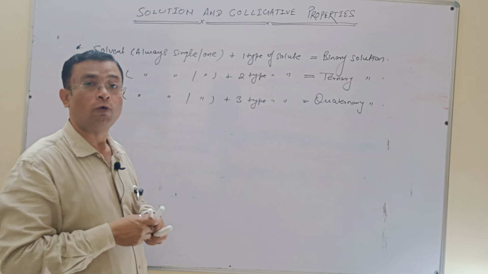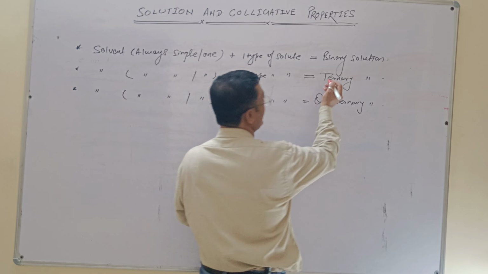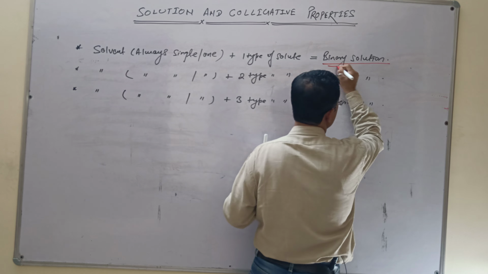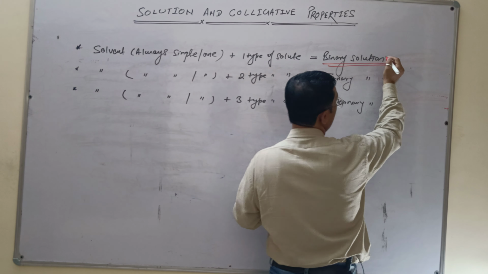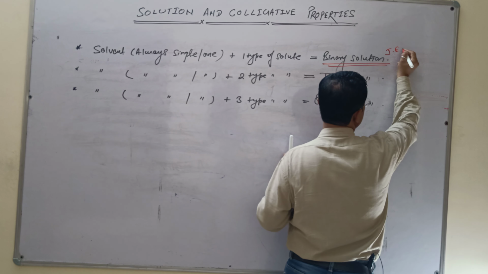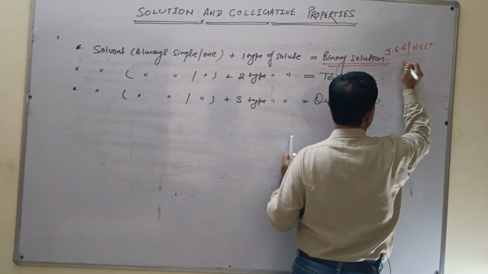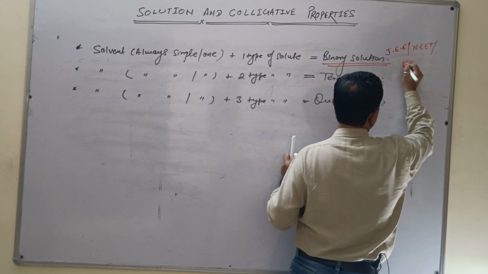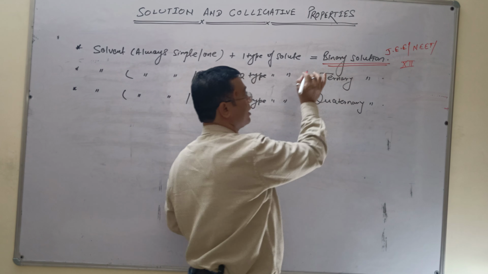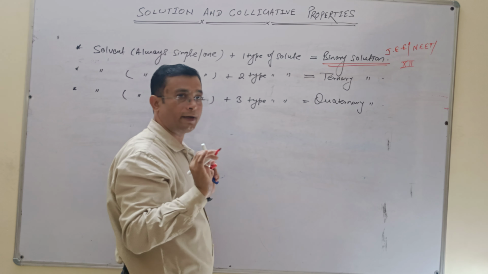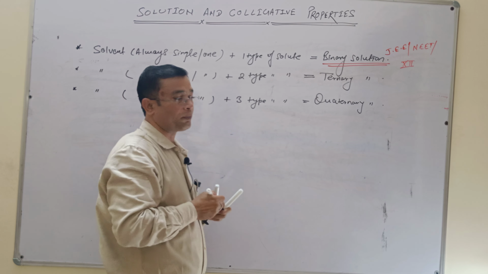But there is no need to go into so much detail. In our NEET JEE syllabus as well as in the board syllabus, only the binary solution matters. This is the JEE and NEET syllabus, that is the class 12th syllabus. Questions are asked on the binary solution. Got it? I am giving an example.